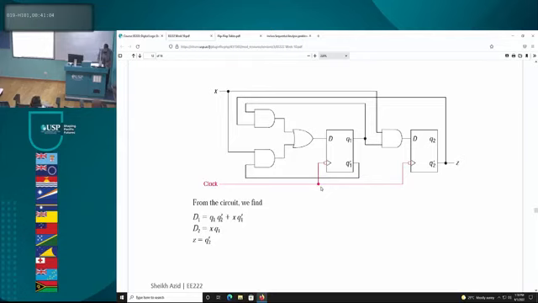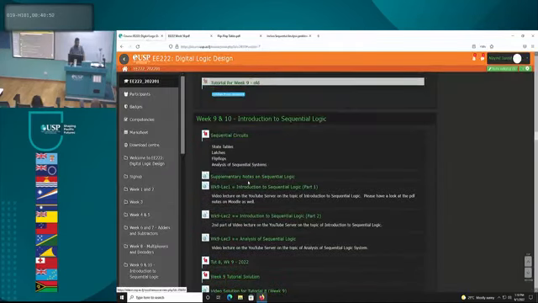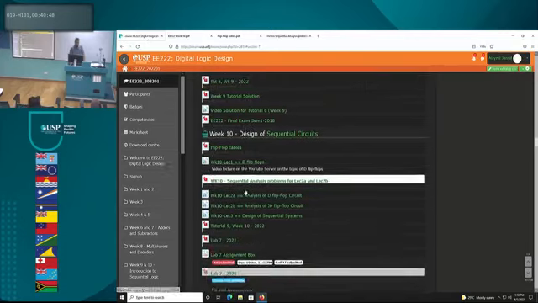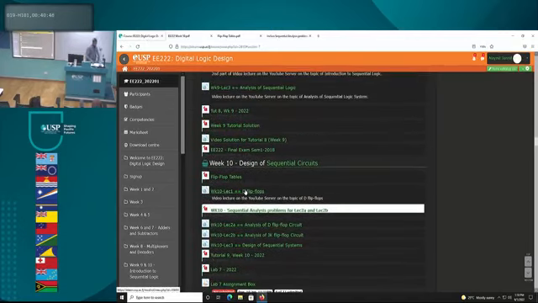And the problem which we are doing is on page 12 of the week 9 and 10 sequential circuits notes.